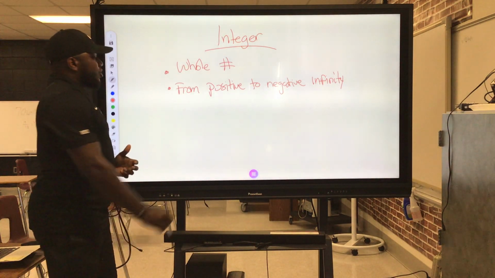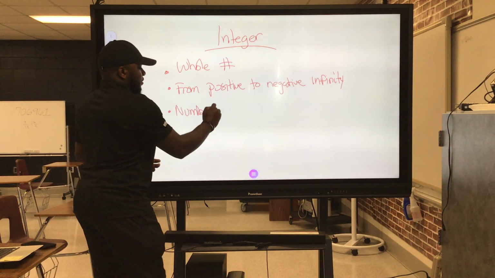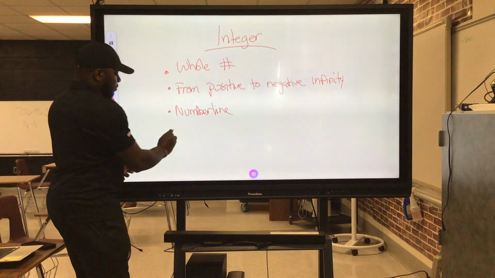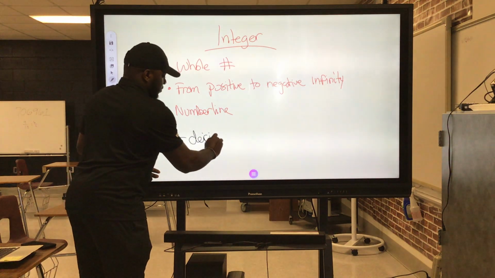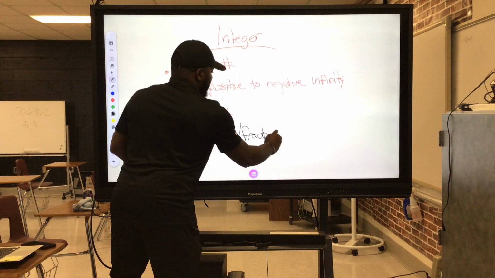And you represent integers on a number line. Do not confuse an integer with a decimal or fraction. It is not a decimal or a fraction.